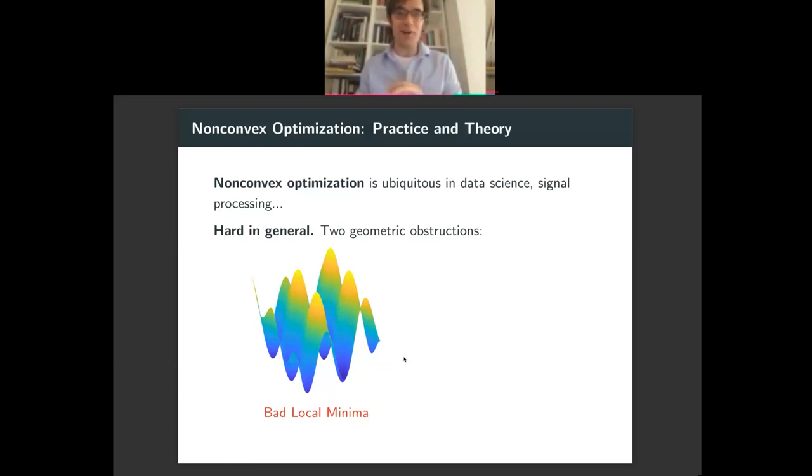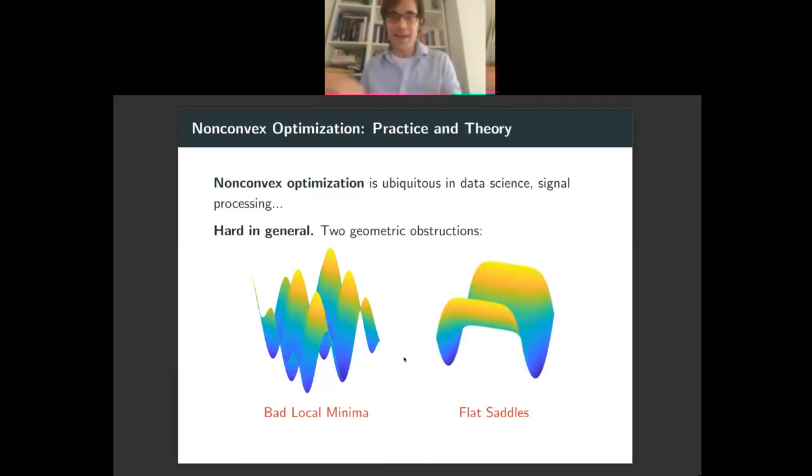In general, not only is it NP hard to find the global minimum, it's also NP hard even to find a local minimum, in the sense that it's not difficult to make objective functions that, although they lack spurious local minimizers, are so flat that it's hard to find a direction of descent.